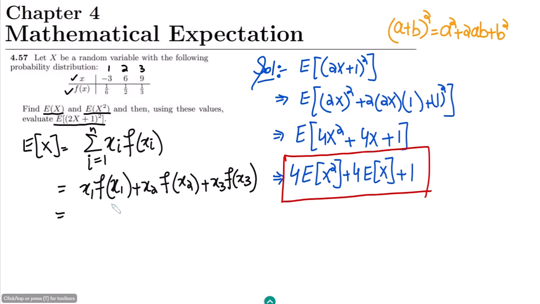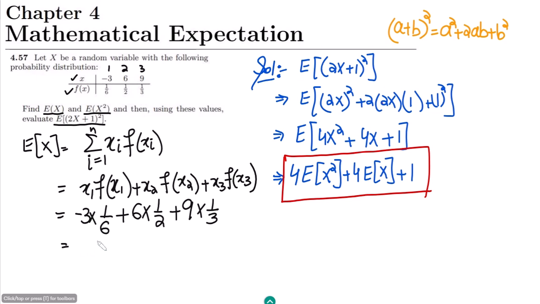So x1 is minus 3 multiplied by f of x1, which is 1 by 6, plus x2 is 6 multiplied by 1 by 2, okay, plus x3 is 9 multiplied by 1 by 3.